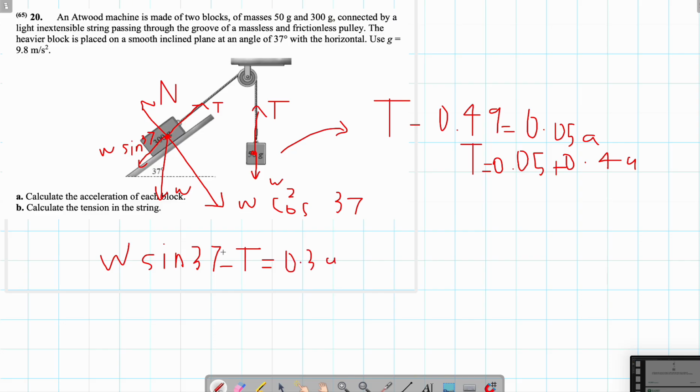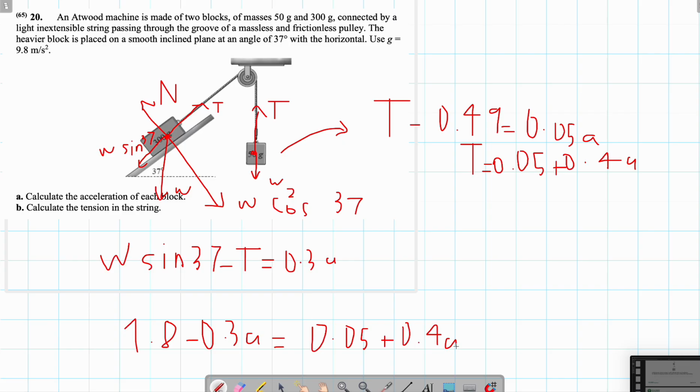Okay, so W sine 37, so 0.3 times 9.8 times sine 37, which is 1.8, minus tension is equal to 0.3A. Then 1.8 minus 0.3A is equal to tension, which is 0.05A plus 0.49.